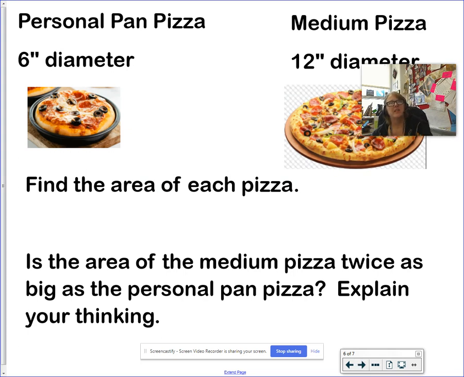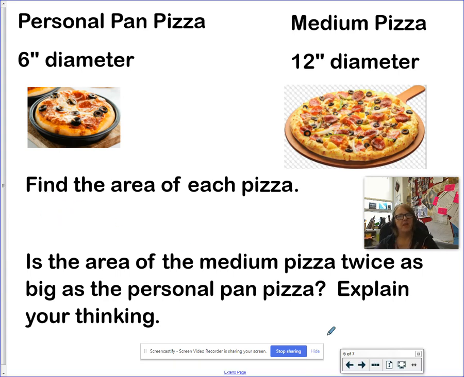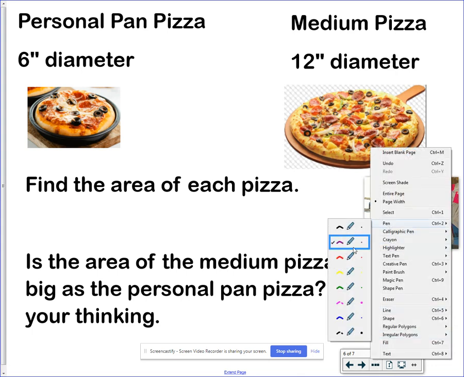One last one. Are you hungry? Because here's what we've got to do for this one. Personal pan pizza, 6-inch diameter. Medium pizza, 12-inch diameter. Find the area of each one. Area, pi times radius squared.